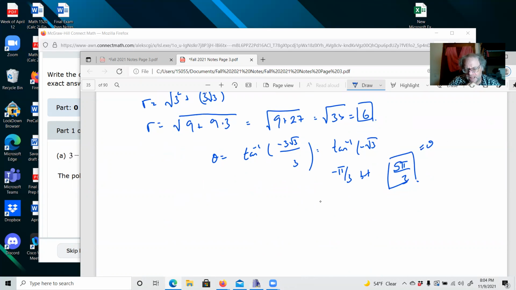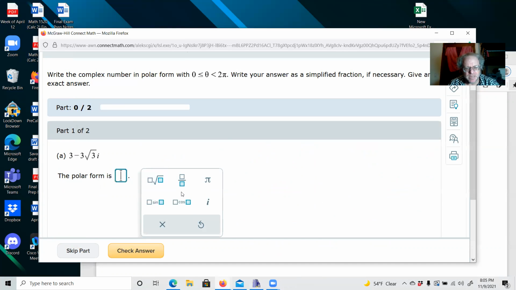Okay, so we're going to have r cosine theta plus i sine theta. This is our polar form. So we have 6 times parentheses, cosine of 5 pi over 3 plus i sine of 5 pi over 3. I think that's what they want, so let's go ahead and check.